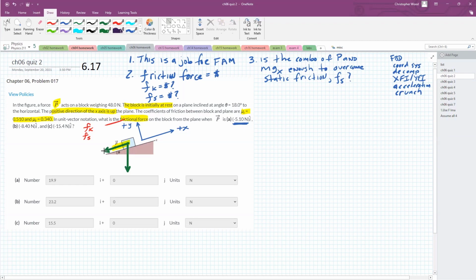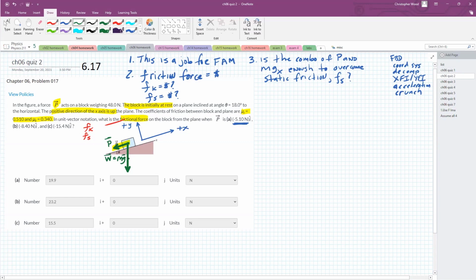This is my P force, my externally applied P force. I'm just going to overdraw that again, reinforce it. Weight is a vector.